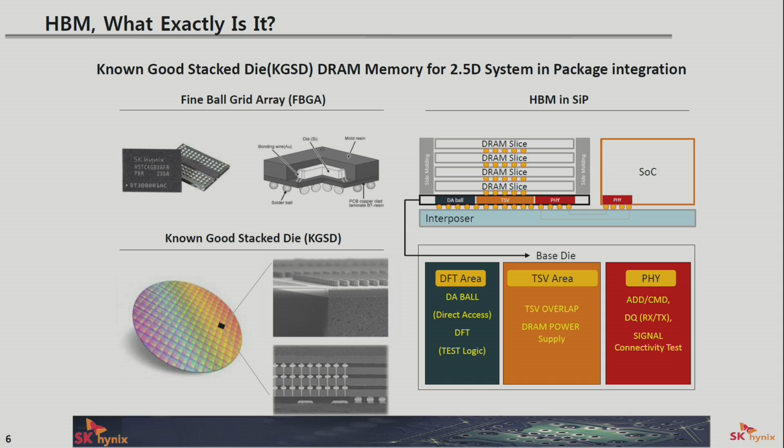The figure on the bottom right shows the layout, the functional area of the HBM device. The dark blue area is the direct access ball area, which customers will route the signal out to their end package BGA ball. That allows DRAM vendors as well as customers to run specific testing to ensure that the device operates correctly or to verify the functionality. DRAM vendors also use that to do their failure analysis.